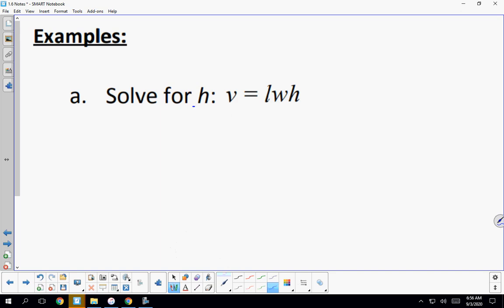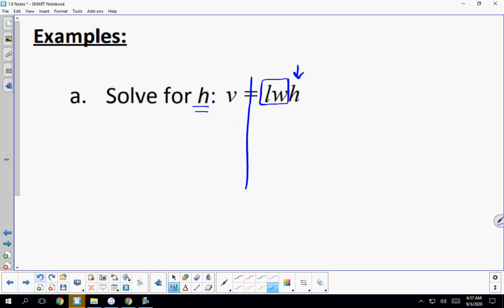So in our first example here, again, we don't have any numbers at all. It does tell us what to solve for. It has to tell us that. Otherwise, we don't know because we have a bunch of variables. So we can still separate our equation, and we're still going to get this guy by itself. In this case, we need to get rid of both L and W. We need to take that to the other side. Because it's all multiplication, to undo that, we can use division.